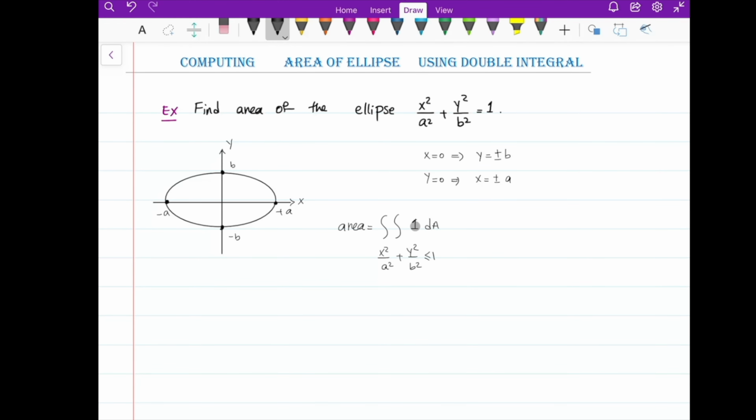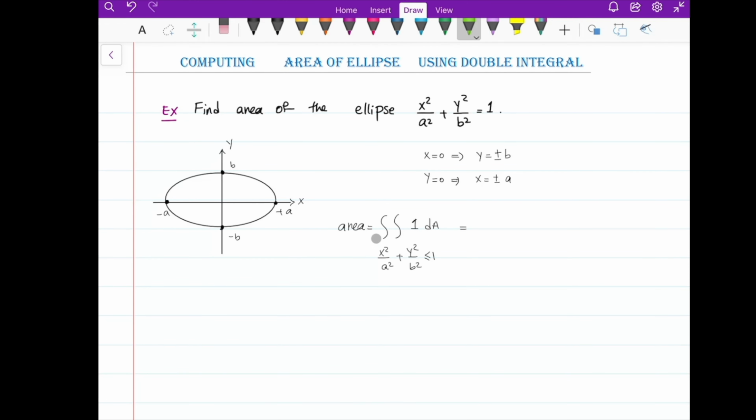So when the function is 1, the solid that I have has height 1. So the volume of the solid would be the height, which is 1, times the area of the base. That's why we get the area in here. I explained the whole thing in the video on the applications of the double integrals.